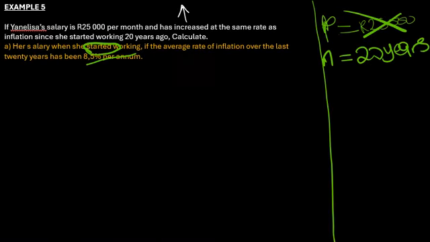Such mistakes happen, guys. So if you notice here, when she started working, they want us to find the amount that she got when she started working. That means they want the starting amount.